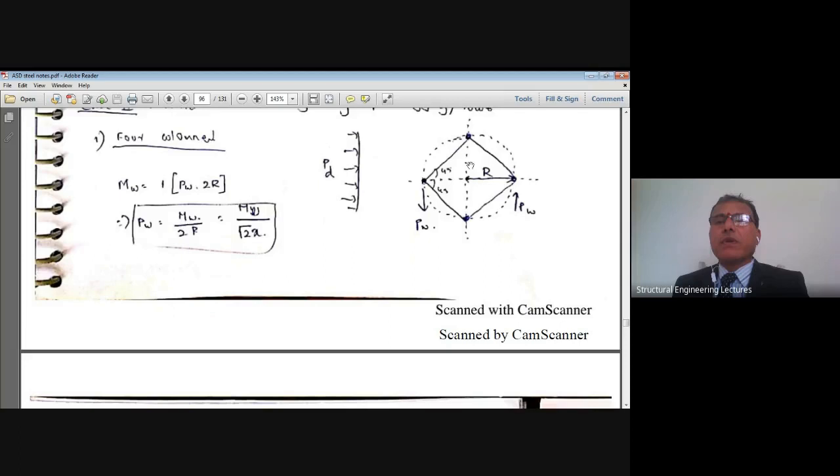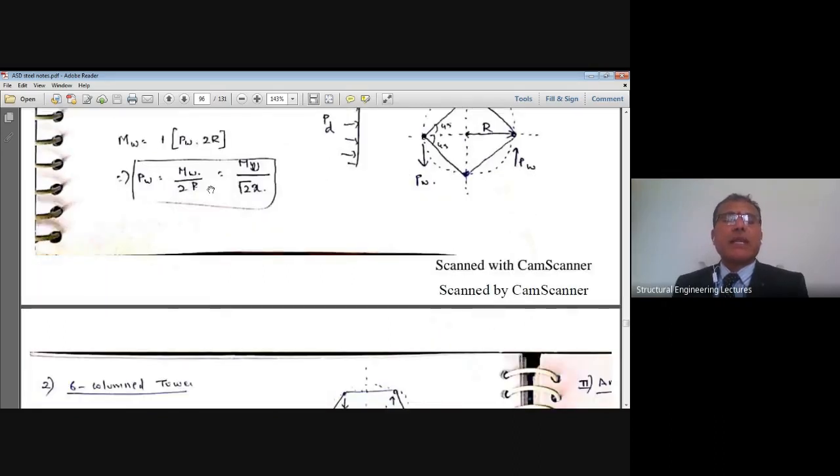Then these two columns will not offer any resistance, but only these columns which are away from the axis of rotation will offer a resistance of PAW, forming a couple of PAW. Between these two, the distance is R plus R, 2R. Therefore, there is only one couple resisting that, which is equal to the overturning moment, MW. So the additional axial thrust in such a case is equal to MW divided by 2R.